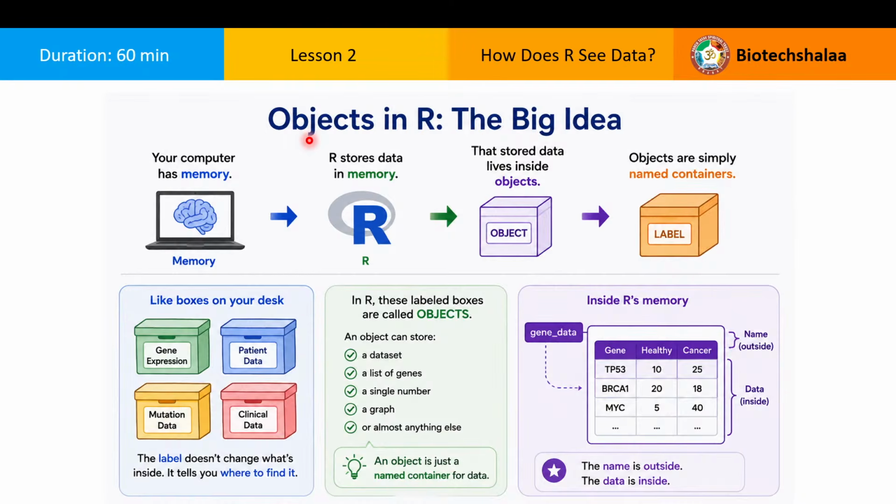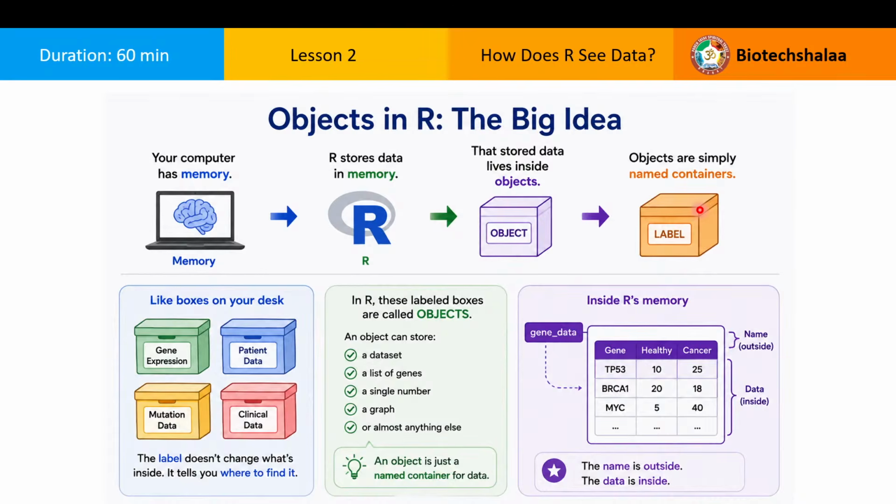to find information quickly. So, as we now understand, objects are very important here. From now on, almost every line of R code that you will write will involve objects. So when someone says create an object, they simply mean make a labeled container and store something inside it. That's all. There is no complicated computer science, just an organized way to keep the information. So let's revise what we have learned before we move on to the next concept.